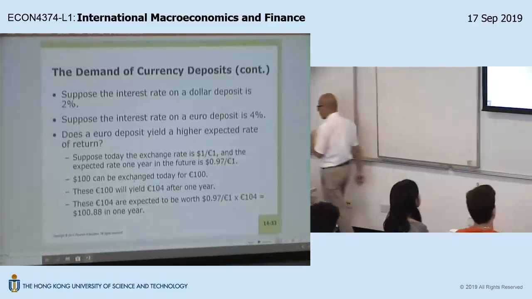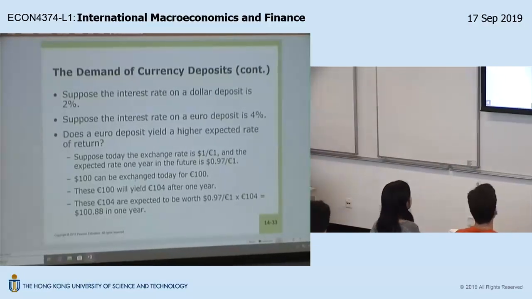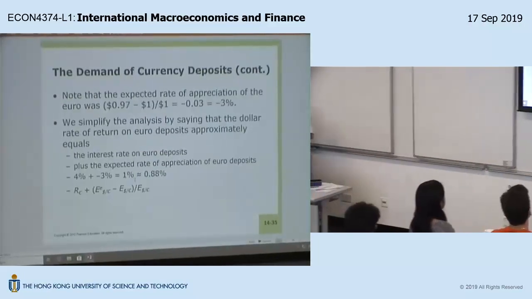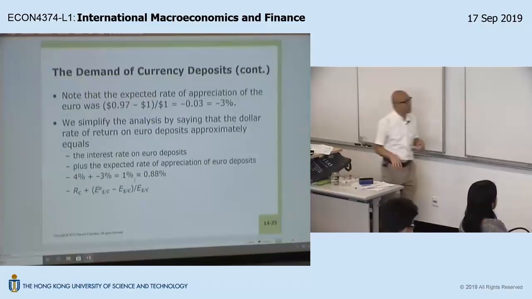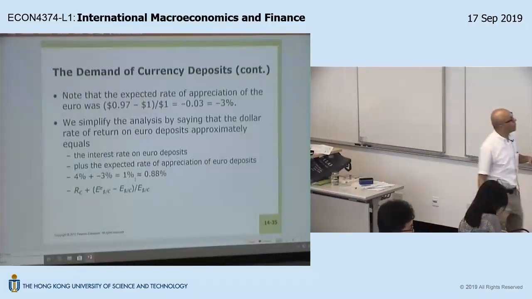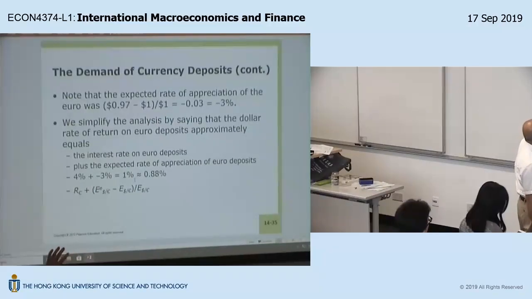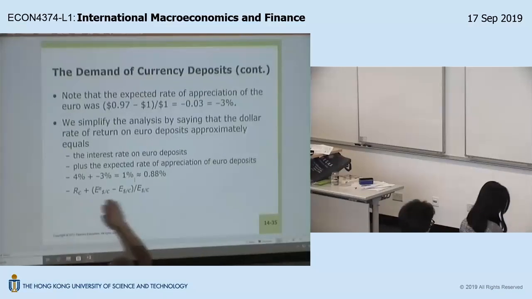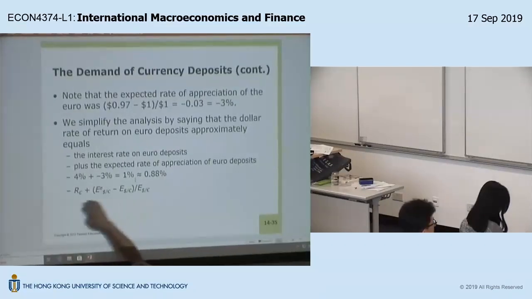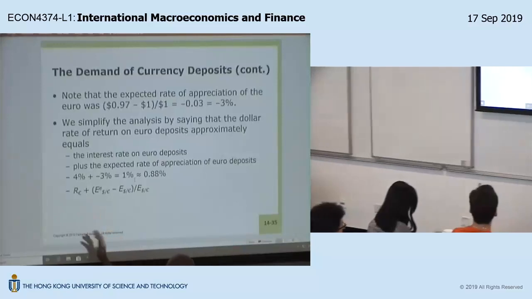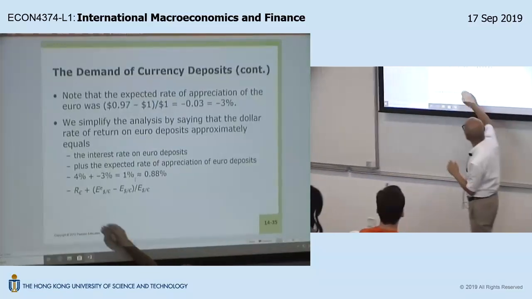There is actually an approximation that we usually use. How do we calculate the dollar rate of return on euro deposit?